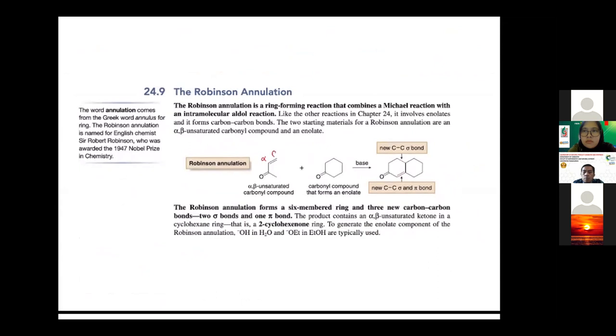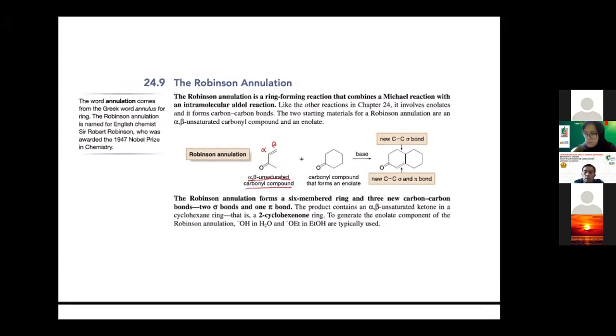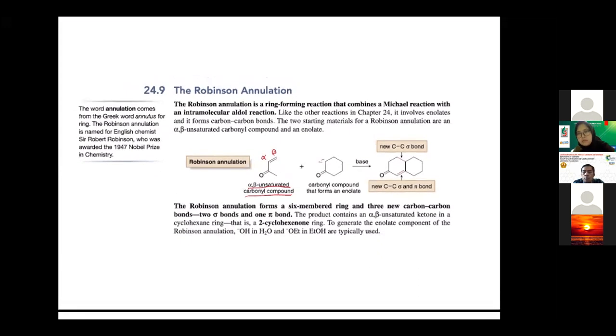This is the alpha beta unsaturated carbonyl group, and at first this one is the alpha position here. This one is attacked here. Yes, and this moved here. And next is the aldol reaction. Again from here to here. The aldol reaction here.